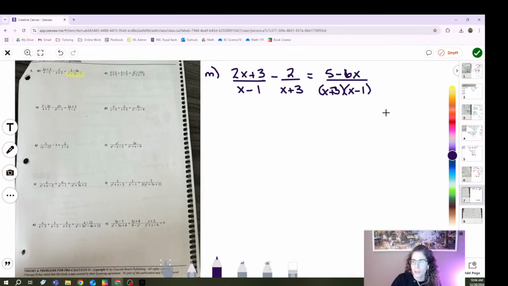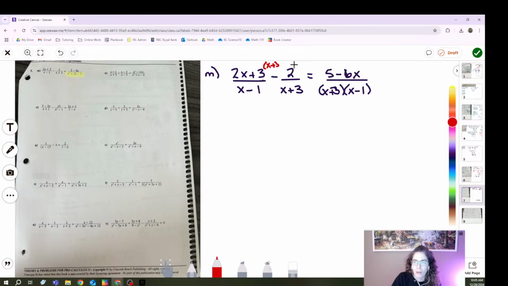Yay! So I take it we didn't do any of this. Okay, good. Okay, so what are we going to multiply this first fraction by? Good. Nothing on the far right.